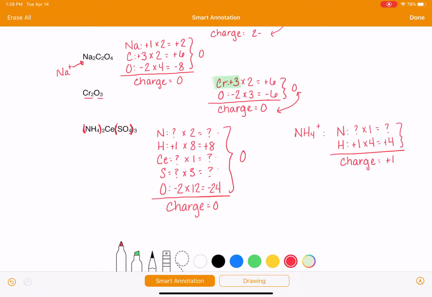And this has to add up to a +1. So that means nitrogen must be -3. So we've got nitrogen figured out. Let's come back to the big molecule. Let's fill in our -3. In the big molecule, we actually have 2 nitrogens, so altogether they're going to be a -6. So we've got 1 done.